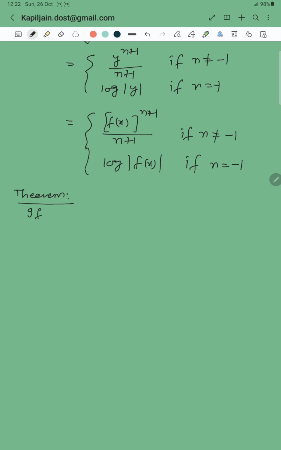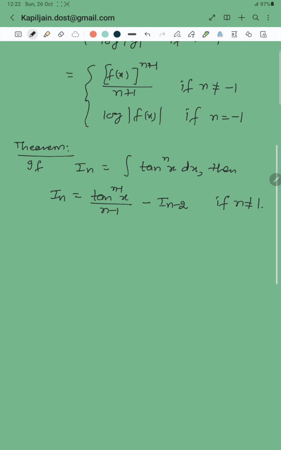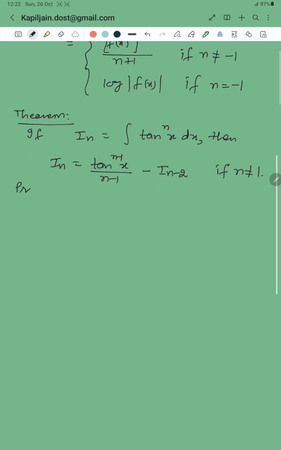Formula is, if In is equal to integral tangent raised to power n x dx, then In is equal to tangent raised to power n minus 1 x divided by n minus 1 minus In minus 2 if n is not equal to 1. Now we prove this result.